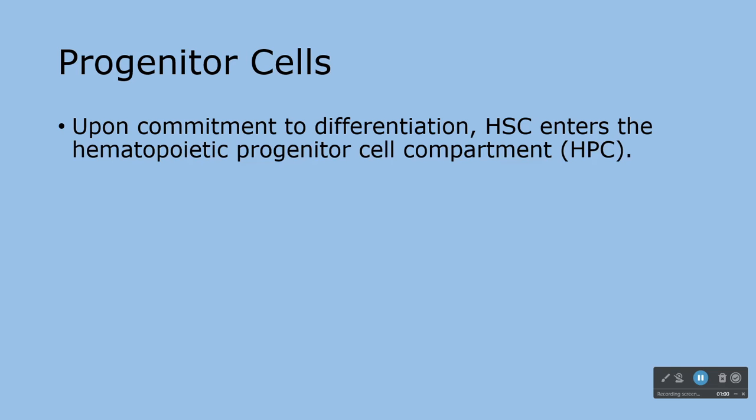Alright, cool. So progenitor cells. Upon commitment to differentiation, the HSC enters the progenitor cell compartment. The HPC is a separate compartment. So basically, you've got your compartment here that's got all your HSCs in it. They're hanging out around those osteoblasts if they're close to the bone, the endosteum.